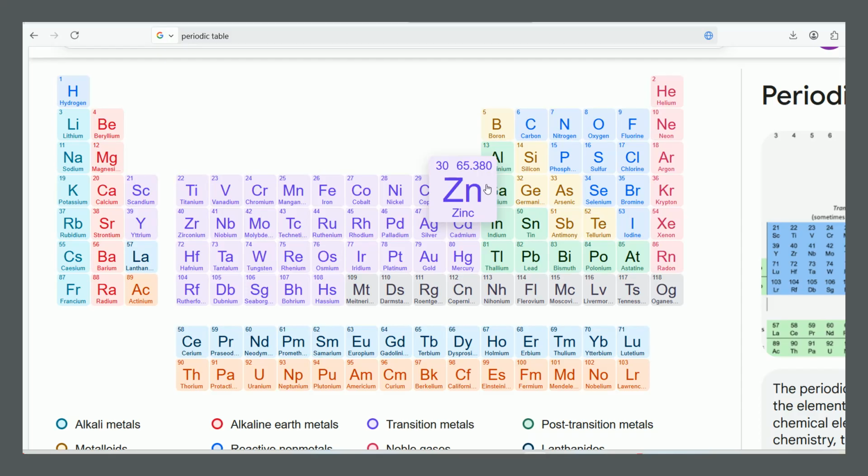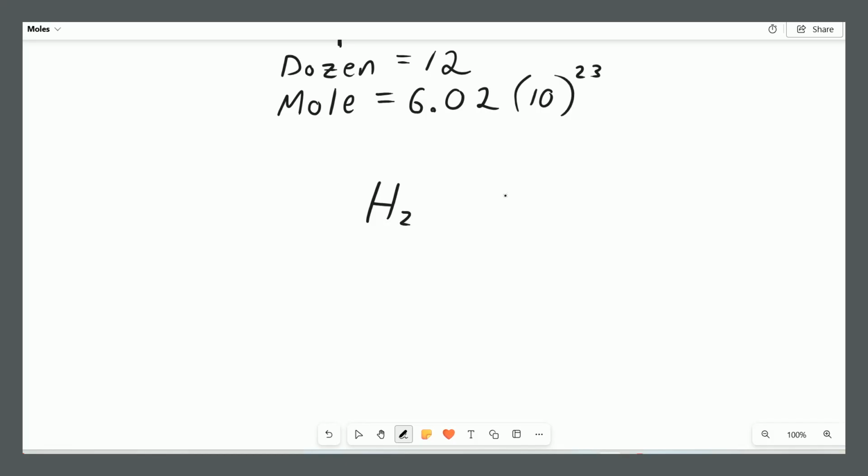For example, water, H2O. And we could ask, well, how much will 1 mole of H2O weigh? Well, what does H2O consist of? Well, we have a hydrogen, and another hydrogen, and an oxygen. So, how many protons or neutrons are we dealing with in total?